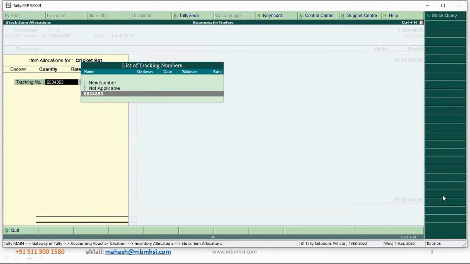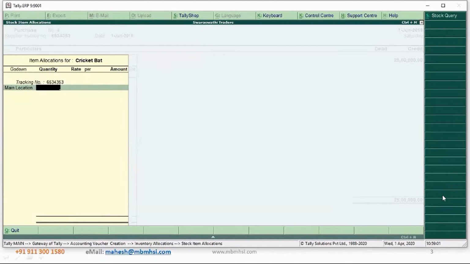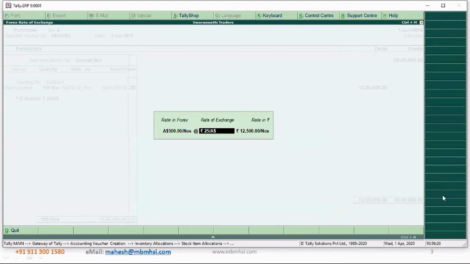I bought 100 cricket bat at Australian dollars 500 per cricket bat. So it is 50,000.